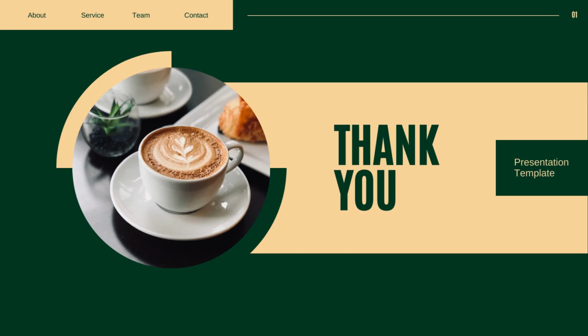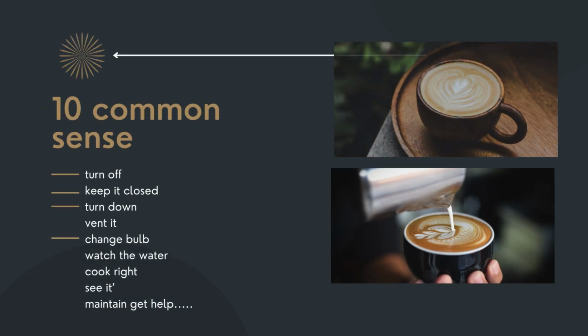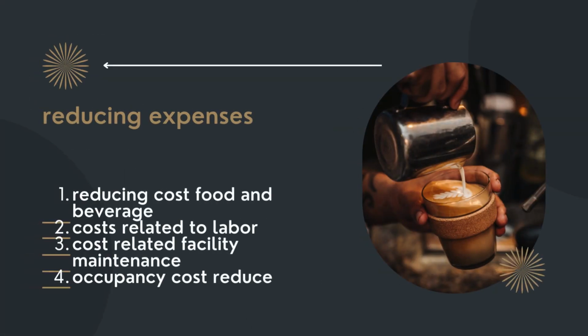And then, okay, the reducing costs is important. The common sense energy tips for everyone we have mentioned already. And then, of course, the technology tools that we need in order to utilize proper monitoring.